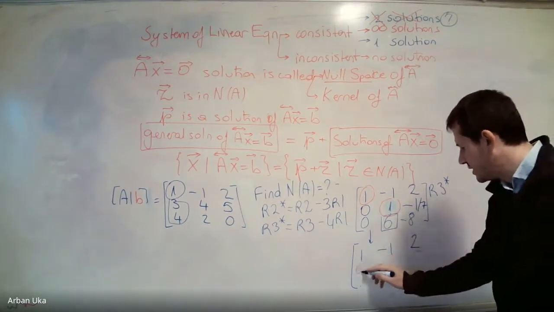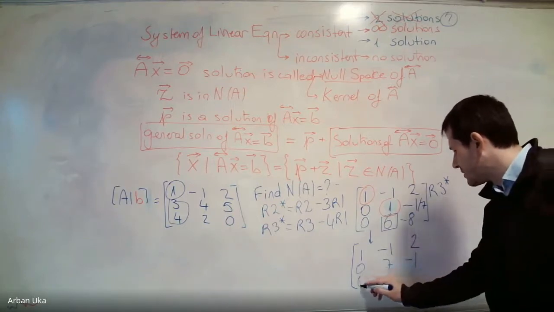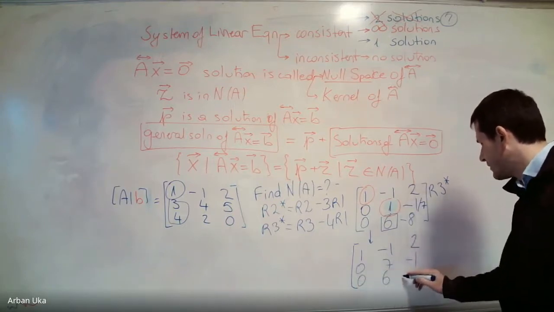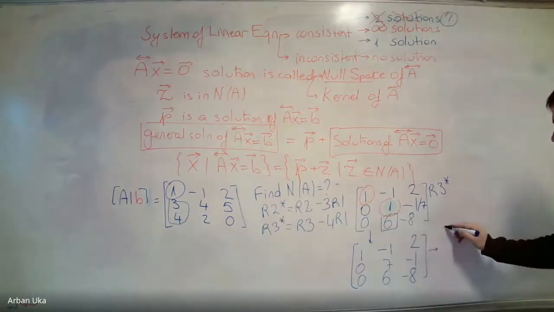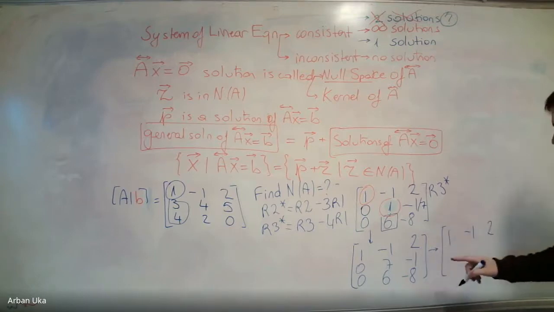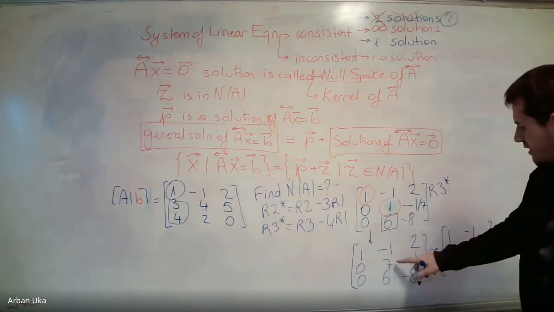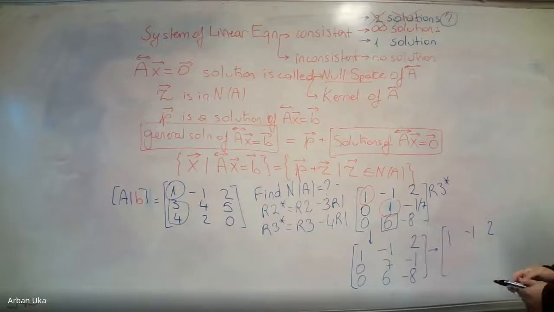So let's write it here. This was 0, 7, -1, and 0, 6, -8. You are proposing to write this one like this: 1, -1, 2, and subtract row 2 minus row 3, right? Yes. Okay, we can do it. Let's do it that way.